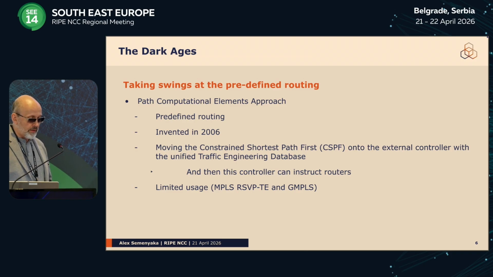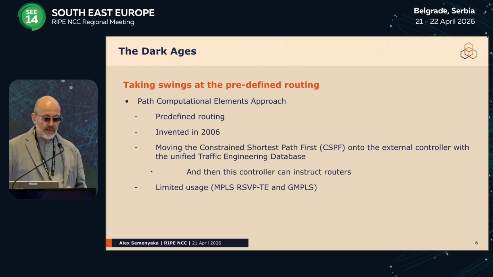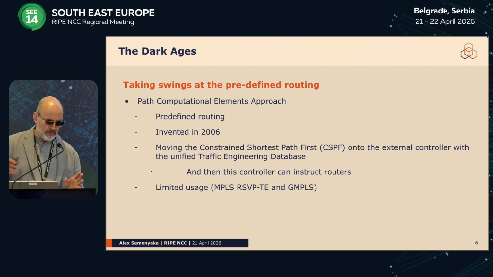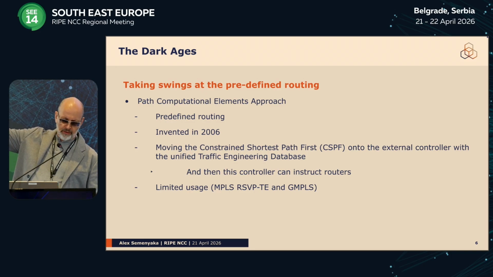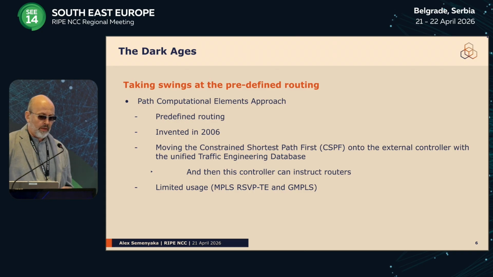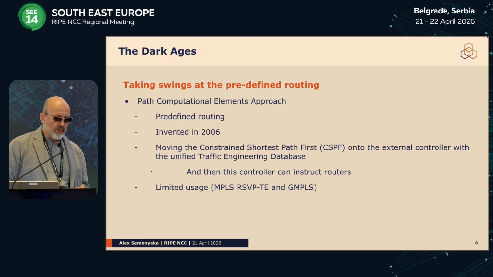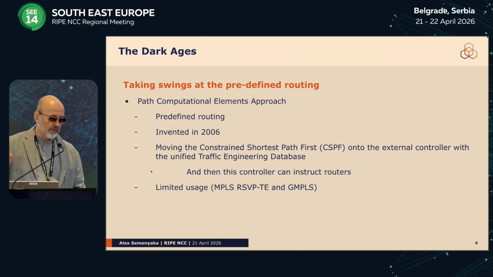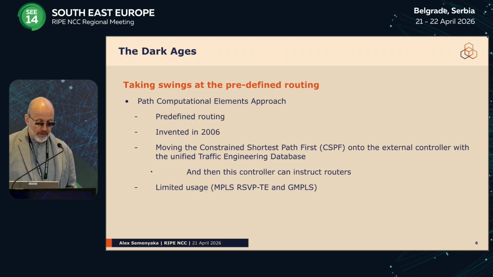It was invented in 2006, and the idea was to move shortest path first from our different routers to a unified controller somewhere in the center of our network, to reduce the amount of calculations, to reduce the amount of states in our network, and to have all these calculations in one place.